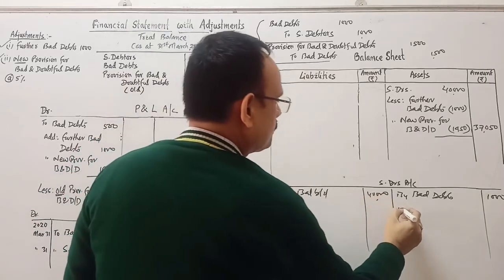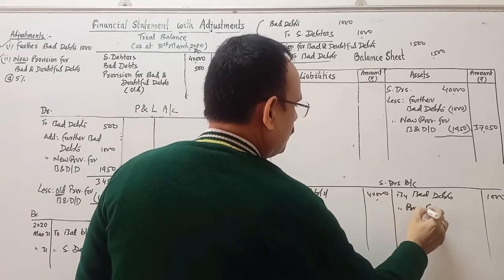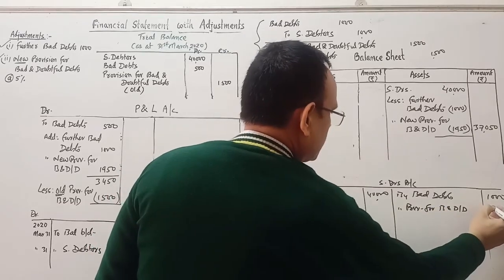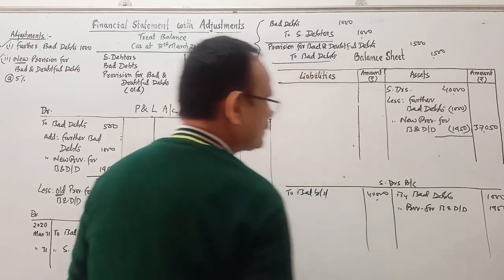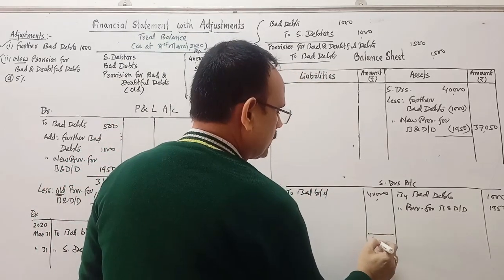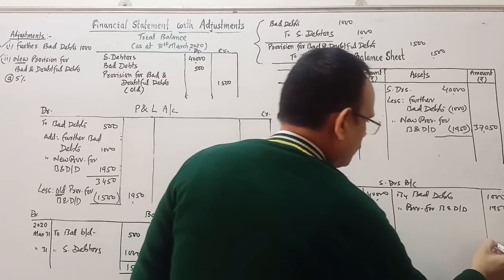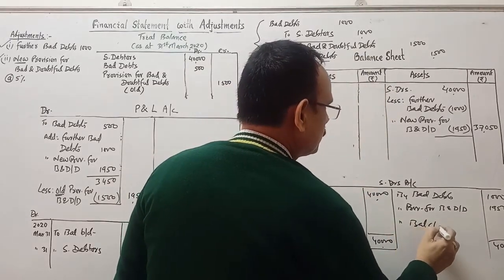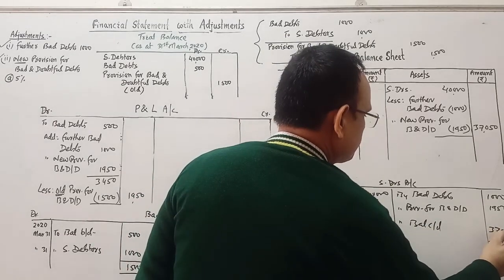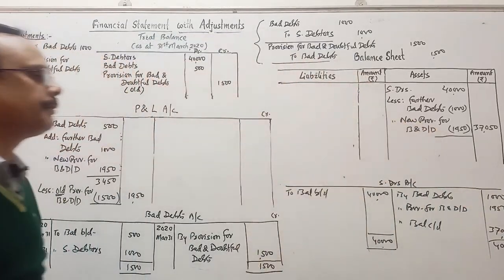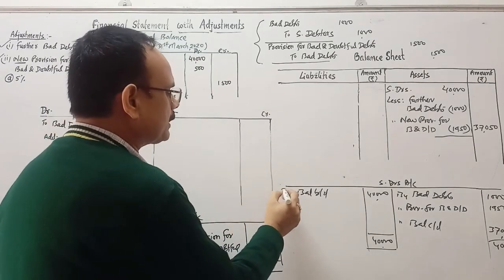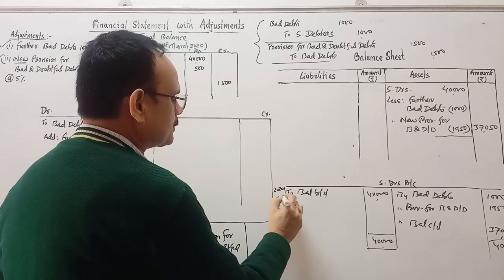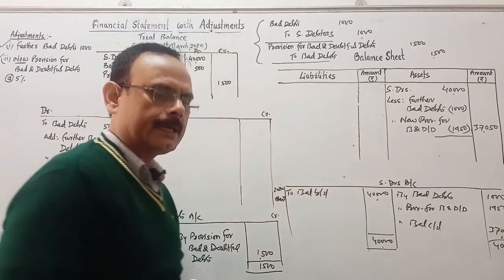By provision for bad and doubtful debts 1950 rupees. Then you do the total, this side 40,000, and then you write the amount by balance carried down. This will be 37,050 rupees. These all entries are done on 31st March 2020, the closing date.